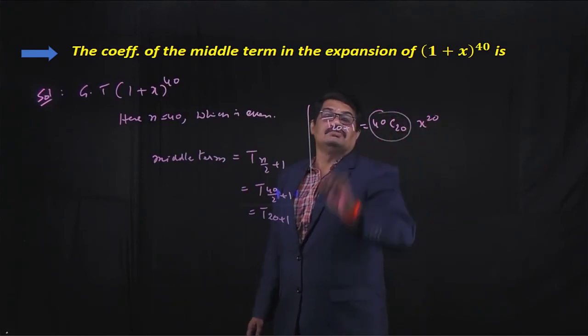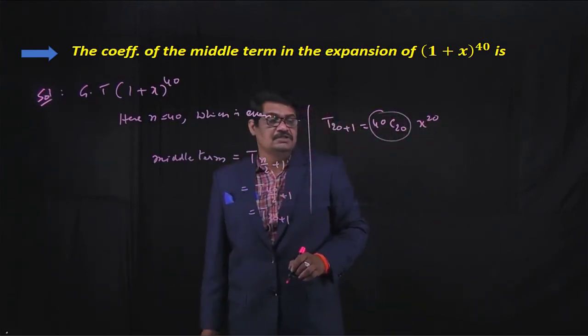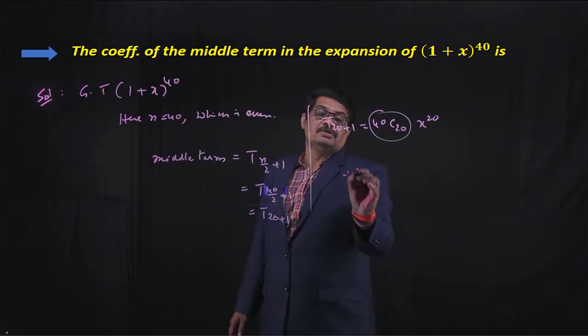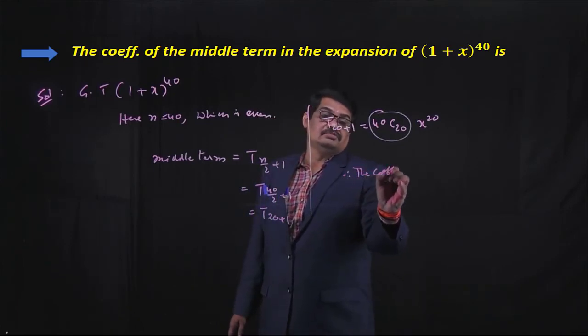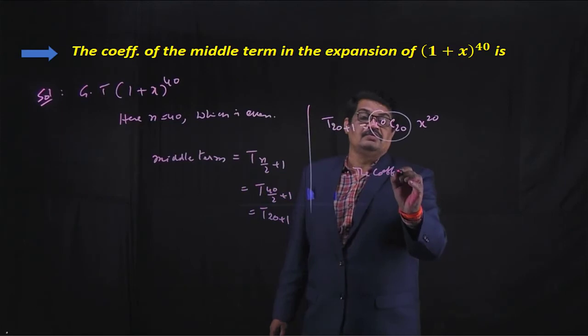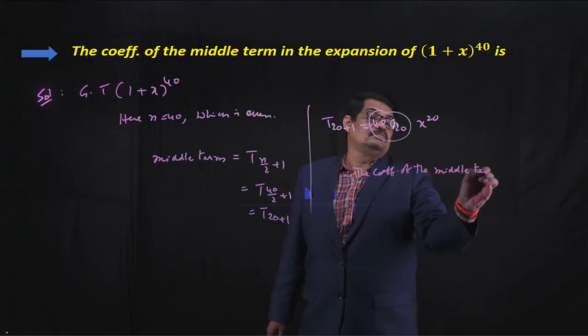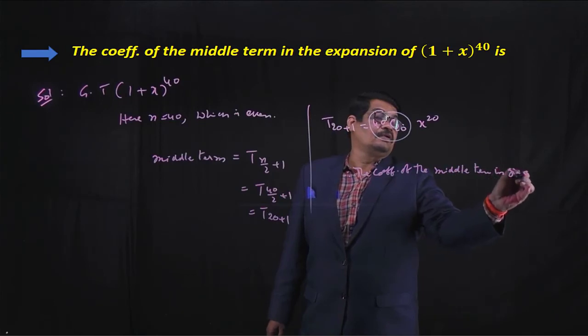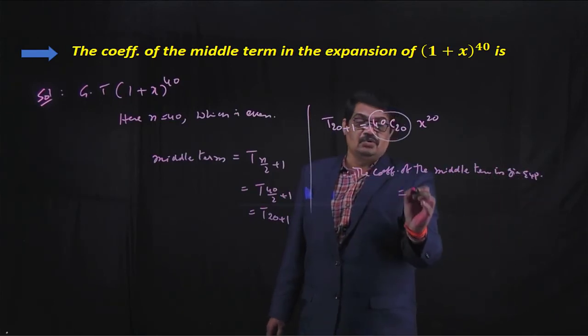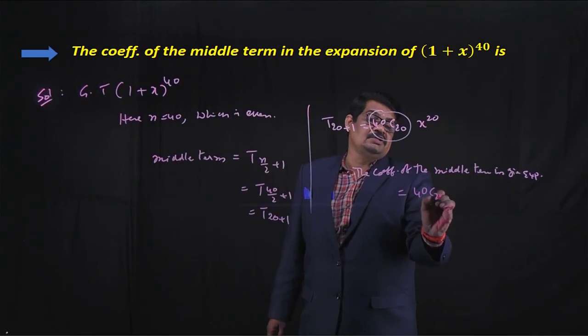Now what is the coefficient here? 40C20. Therefore the coefficient of the middle term in the given expression is 40C20.